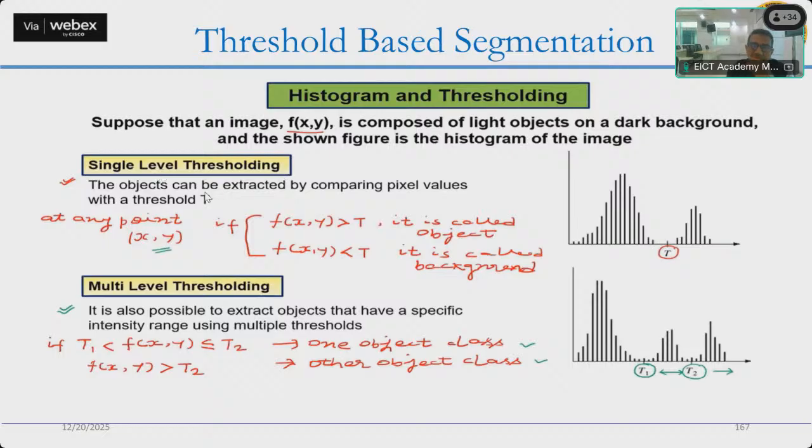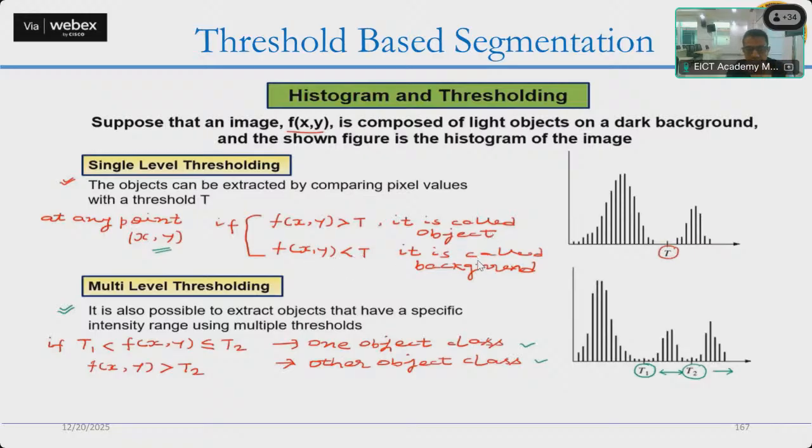When we put a single level threshold, the objects can be extracted by comparing pixel values with a threshold T. Single level thresholding is easy to do, but we will see its limitation. If f(x,y) is greater than T, it is called object, and if it is less than T, it is called background.